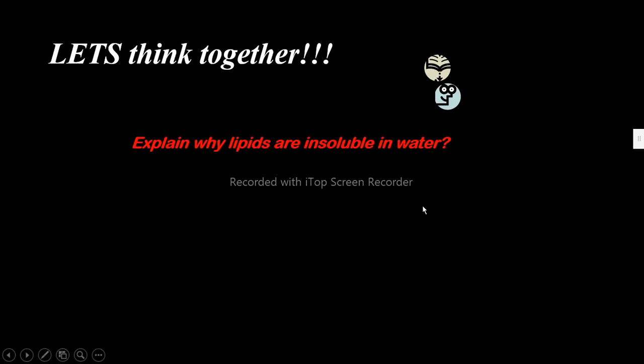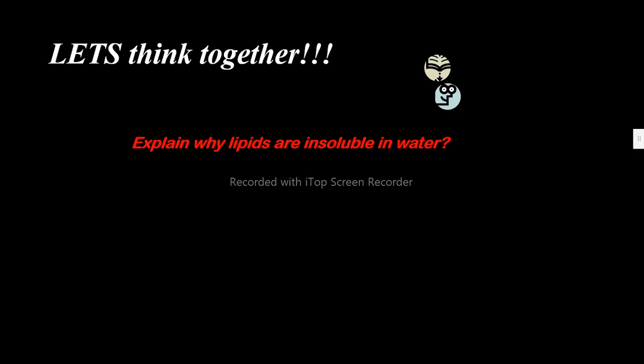I might think that lipids cannot dissolve in water simply because water is a proton acceptor, accepting the hydrogen protons onto it to form the H3O.